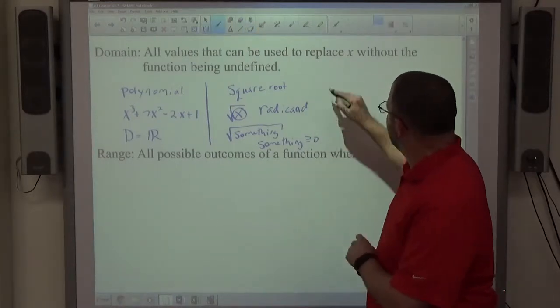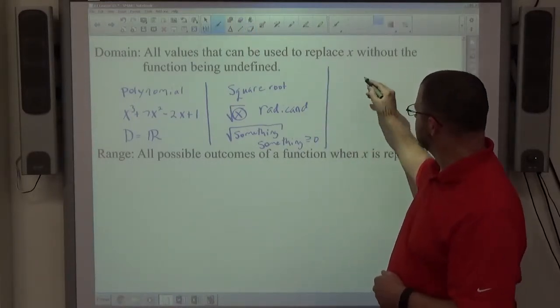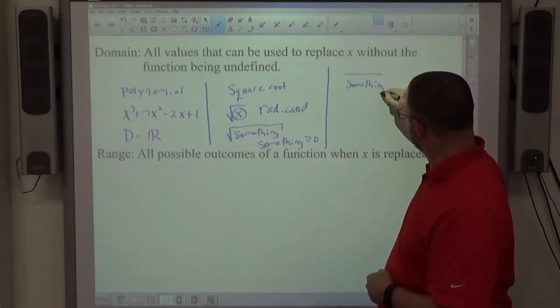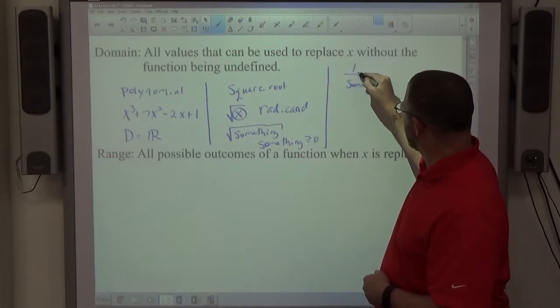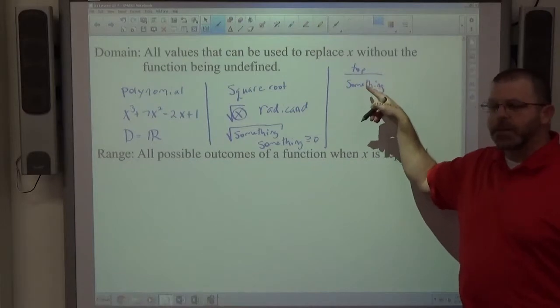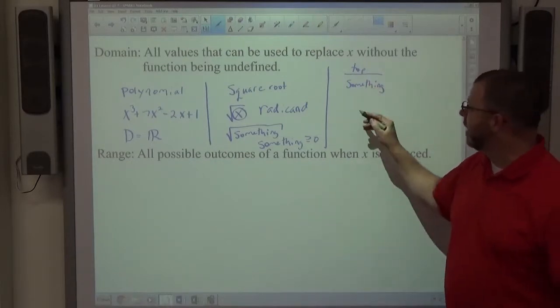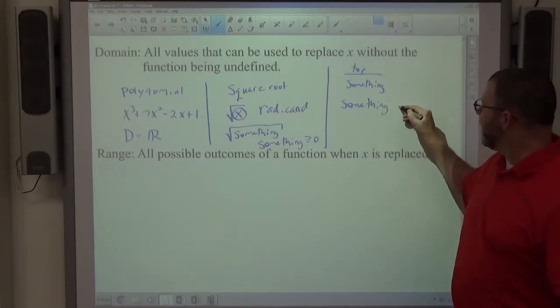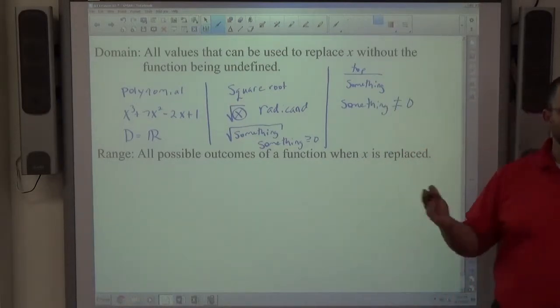The other thing we're going to run into in this class is division. So, whatever the top is, divided by something. What are we not allowed to divide by? 0. Can't divide by 0. So if I've got x on the bottom of an expression and I'm trying to find domain, I know whatever the bottom is, the something on the bottom, it cannot equal 0, or else we're dividing by 0.